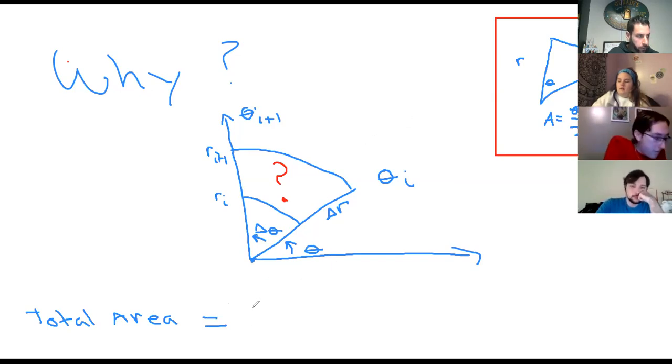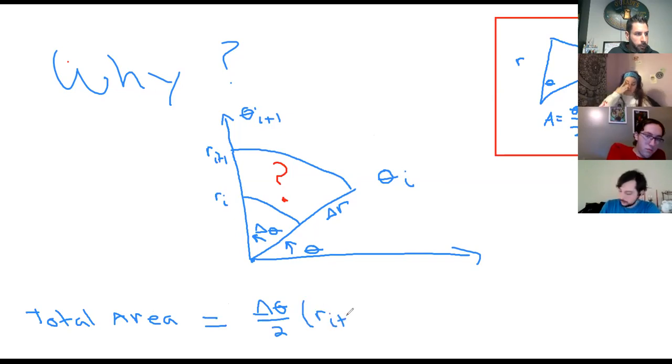So the total area is going to be delta theta over 2, and then the radius would be r sub i plus 1 squared, because that's the whole slice of pizza. But we don't want the total area. We want the total area minus the smaller piece. Does that make sense? That gives us the little wedge that we want, the area element.